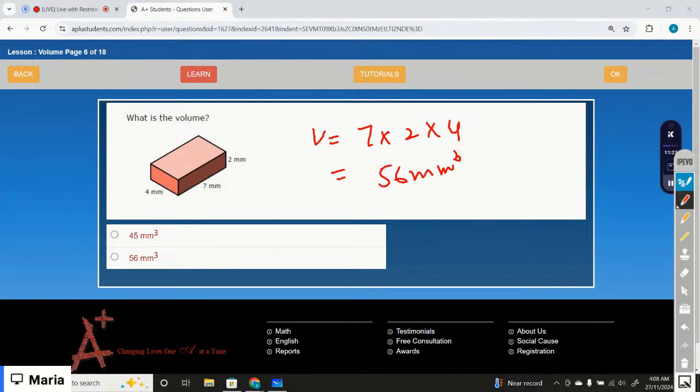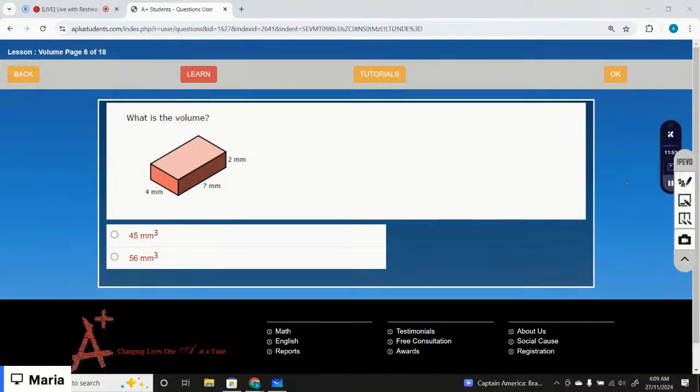The correct option is option number 2, that is 56 millimeter cube.